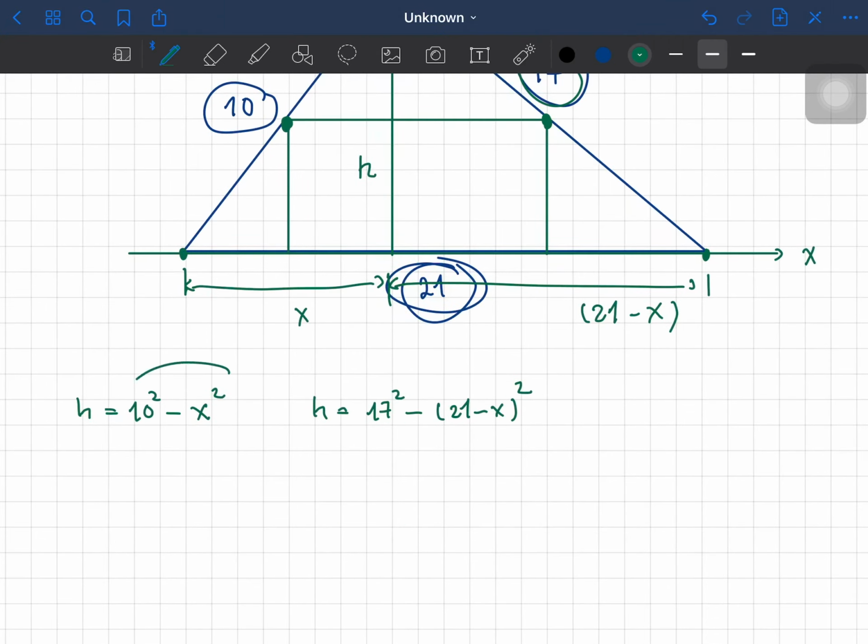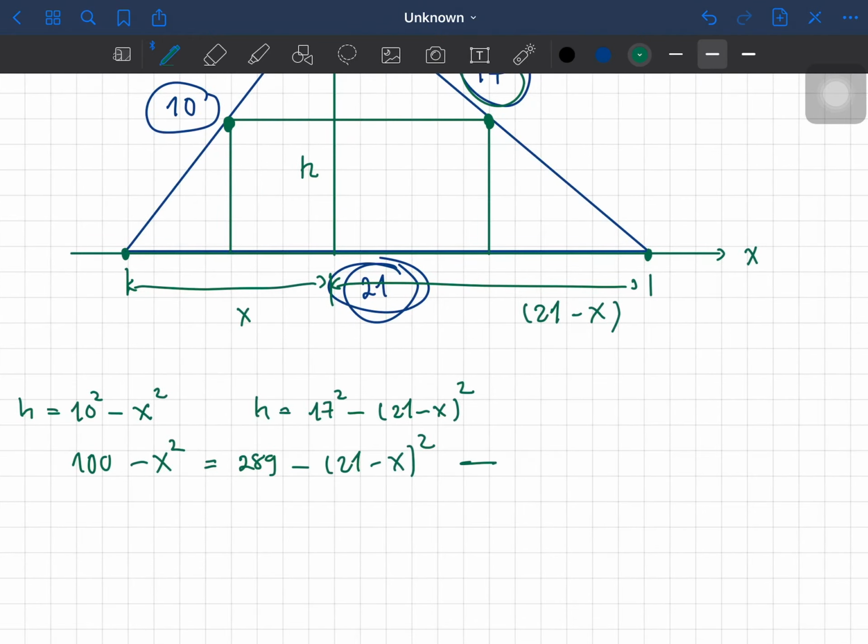We equate both of the equations, which gives 100 minus x squared equals 289 minus (21 minus x) squared, which gives at the end x equals 6.